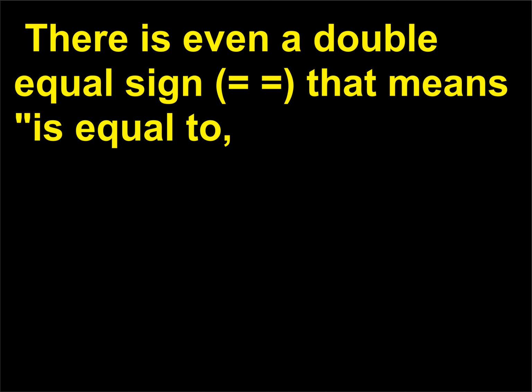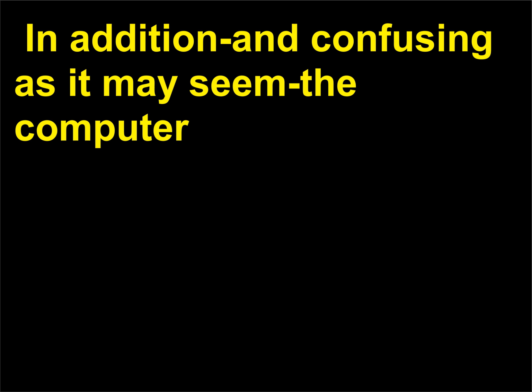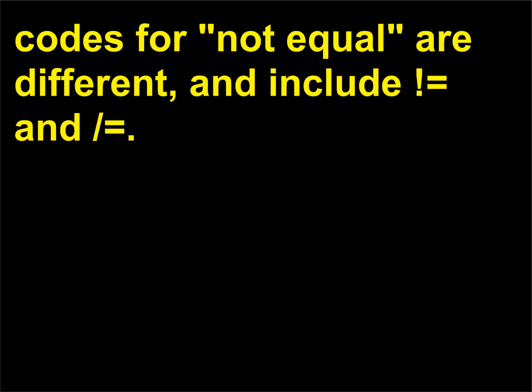There is even a double equal sign that means is equal to, an important difference when writing code for the computer. In addition, and confusing as it may seem, the computer codes for not equal are different, and include exclamation equals and slash equals.